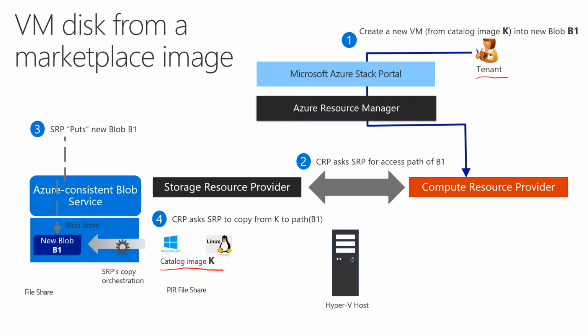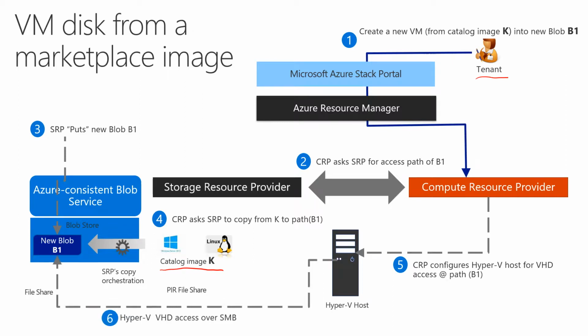So our catalog image is now copied from our PRI file share into our new blob. Then the compute resource provider configures the Hyper-V host that's used under the covers for VHD access at path B1. And then the Hyper-V host is able to access the VHD over SMB. And last but not least, the tenant VM gets created.